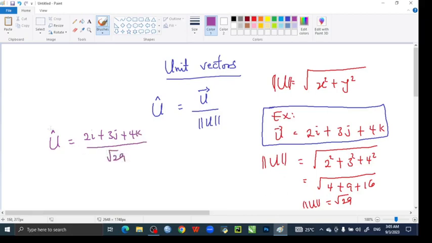So this is my unit vector. It's very simple. You rewrite the vector over the magnitude of the vector. Is that clear? So that is unit vectors.